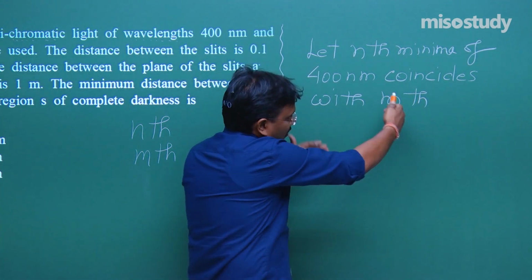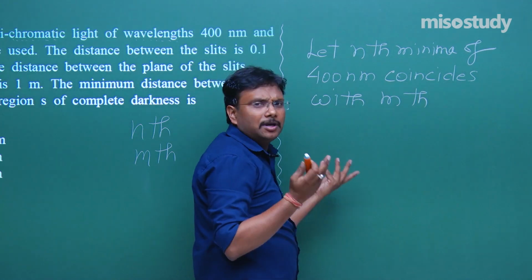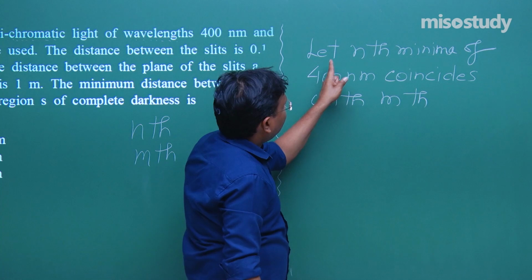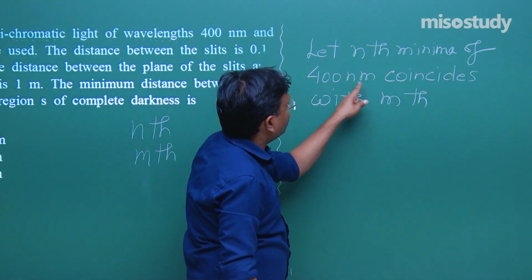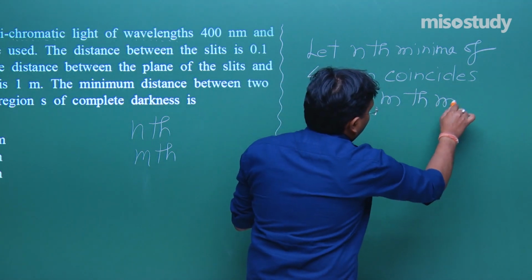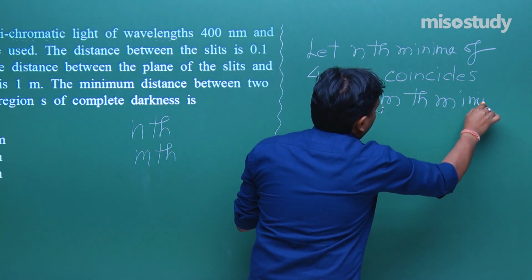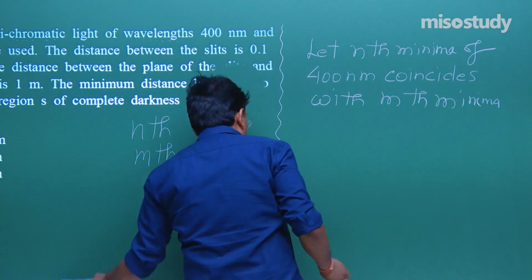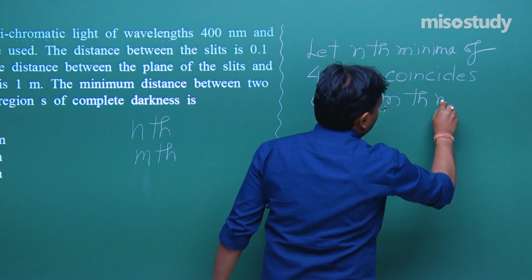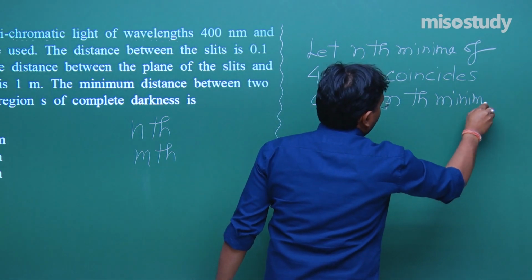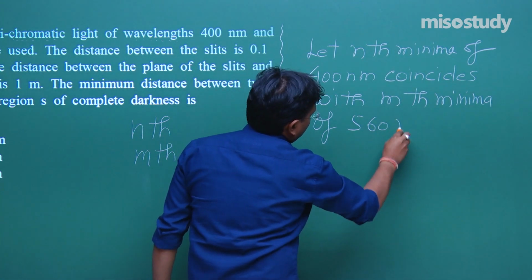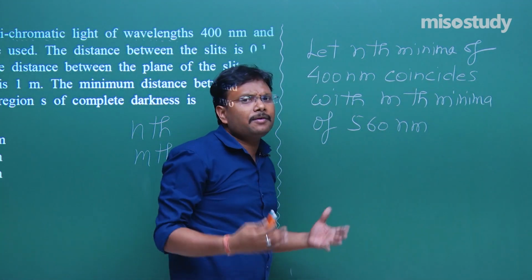Next time, in the second part of this question, I will not write anything, directly use the values. That is why I am writing this initial point. This is our assumption.